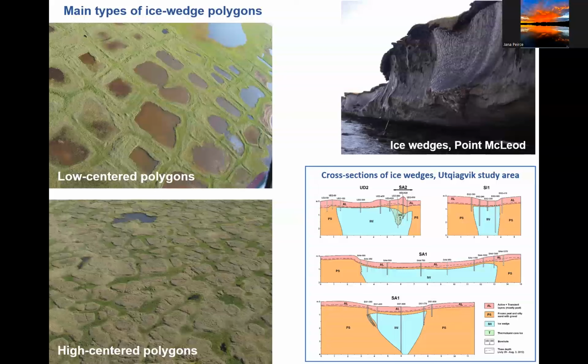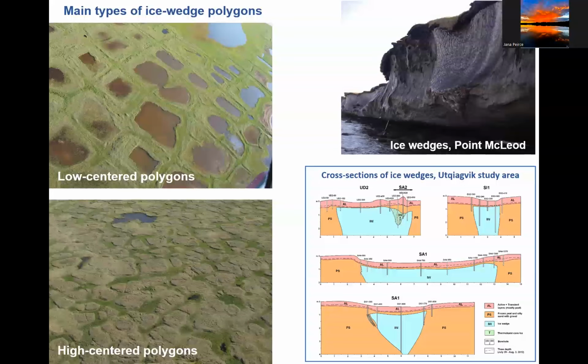When we study ice wedges, of course, we prefer to study natural exposures, riverbank exposures, and coastal exposures. But when we need to work in other areas, the only way to study ice wedges, to figure out the size and the shape, is drilling holes.